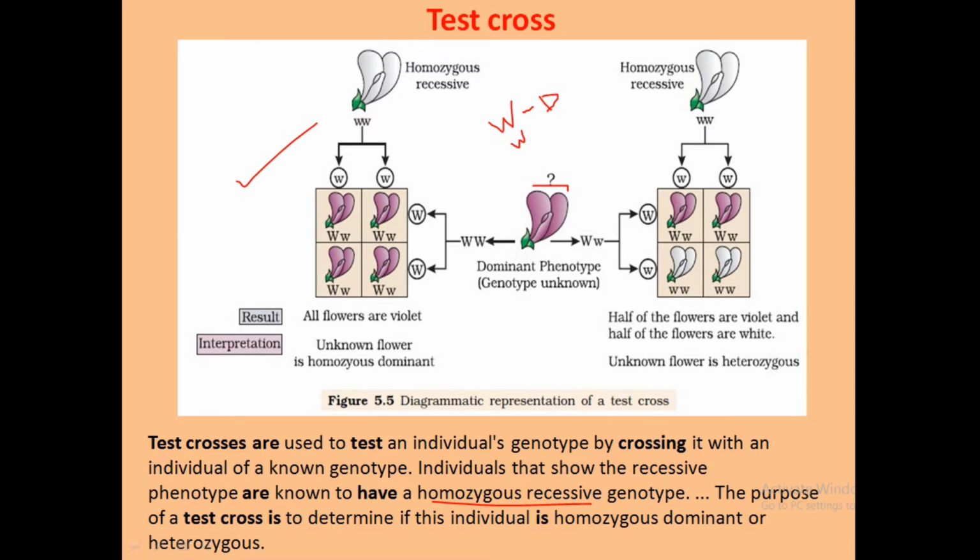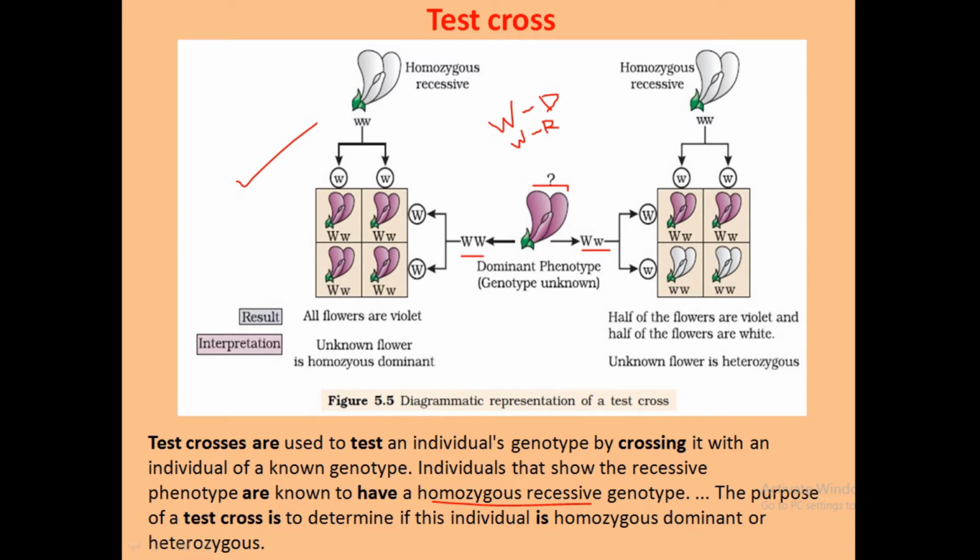So the flower can be capital W capital W or capital W small w, but we cannot differentiate it phenotypically because both will show violet color. So how can we know whether the flower is capital W capital W or capital W small w? For knowing it, we have to do a test cross.